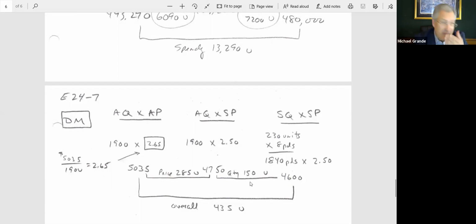Let's look at the quantity variance. 4,600 compared to 4,750, $150 variance. Another way to look at it, they should have used 1,840 pounds. They used 1,900 pounds. They used 60 pounds more than they should have at $2.50, $150 unfavorable variance. So we got two things going on here.